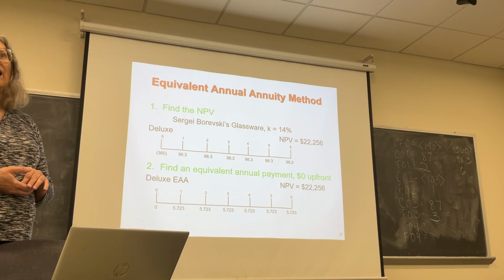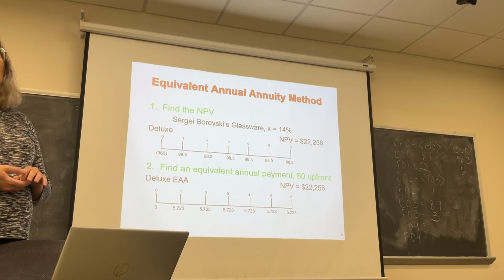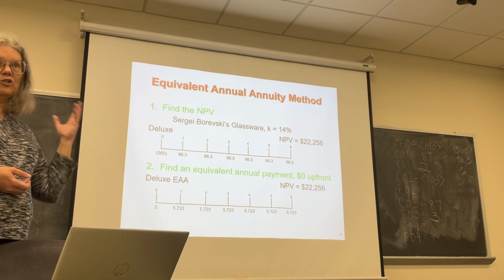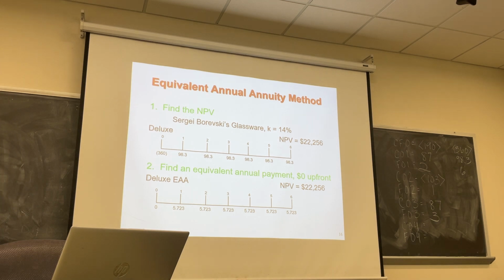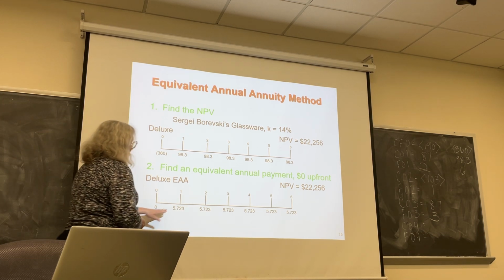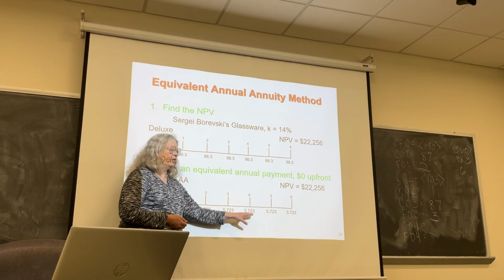Just like we had a higher NPV, even though it's for 6 years, right? And Supreme was for 3 years. So this is why EAA is so powerful, because we can calculate the NPV just for the project as it stands, and then directly compare the EAAs, because it's the same every year.